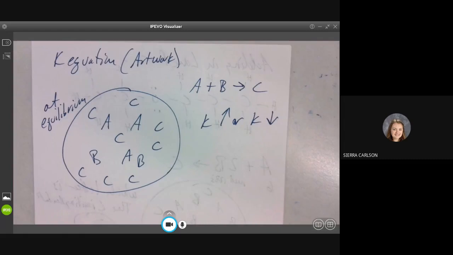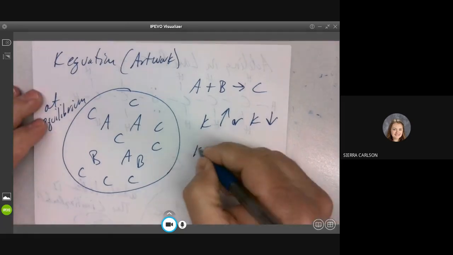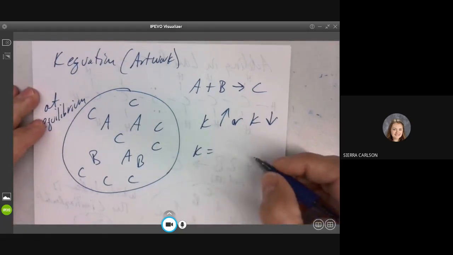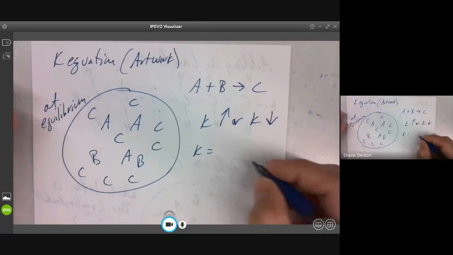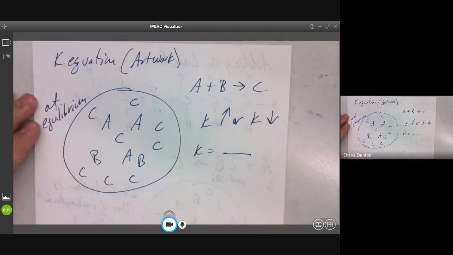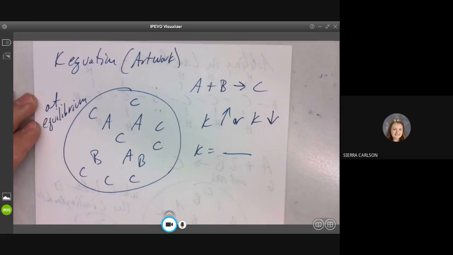Isn't that the concentration of A to the concentration of B over the concentration of C? It's something like that. It's like concentration of products over reactants. Okay, so if it's products over reactants, what's wrong with what you said? I did reactants over products.